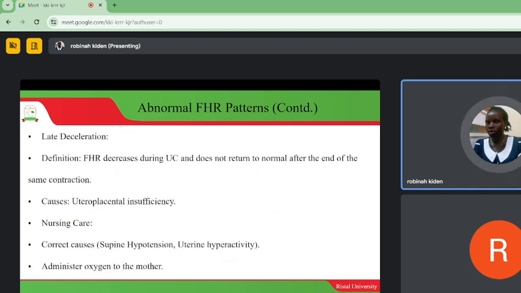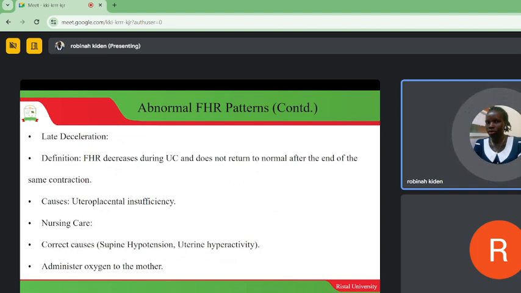Then late deceleration. By definition, the fetal heart rate decreases during UC, that is the uterine contractions, and does not return to normal after the end of the same contraction. The causes can be uteroplacental insufficiency.